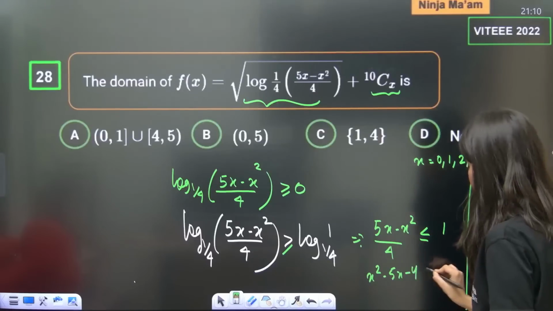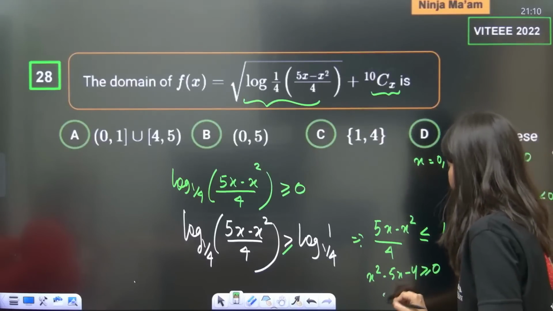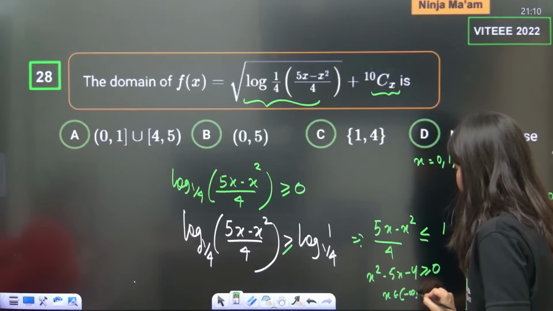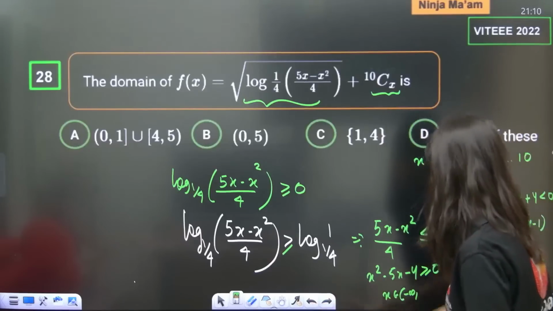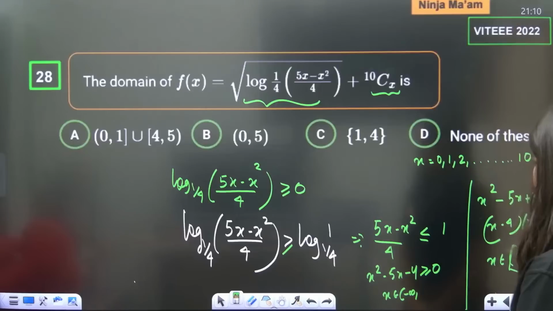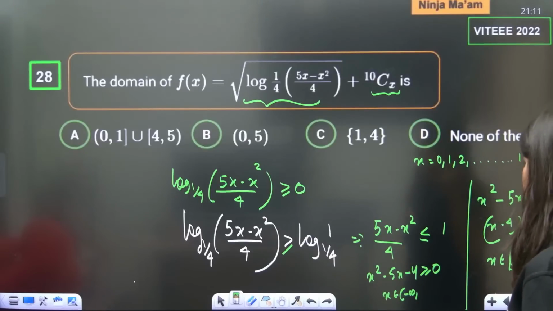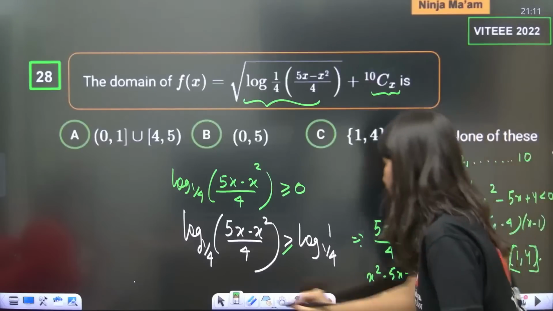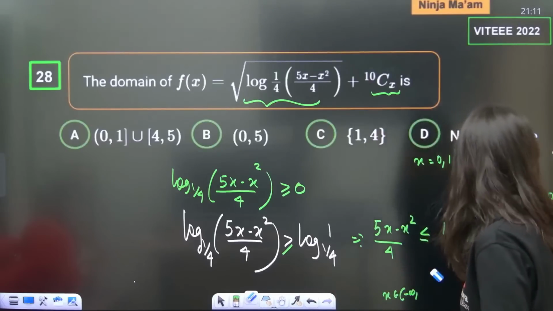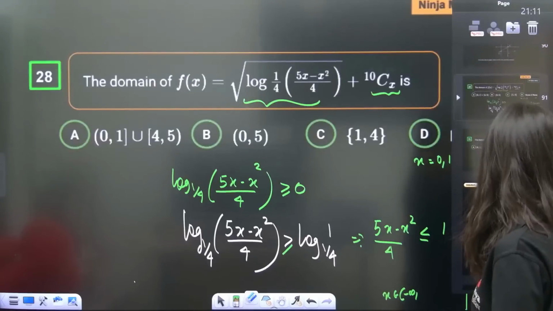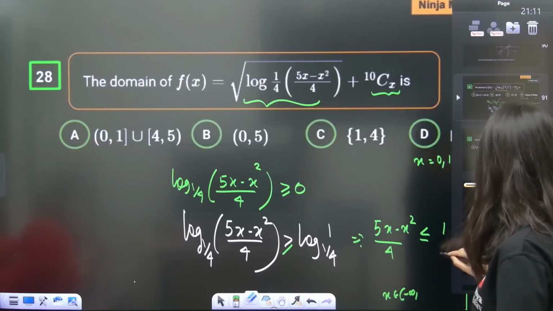Minus 4 greater than or equal to 0. So x belongs to minus infinity to... hold on, let me check. So this is minus x plus 4. Correct.